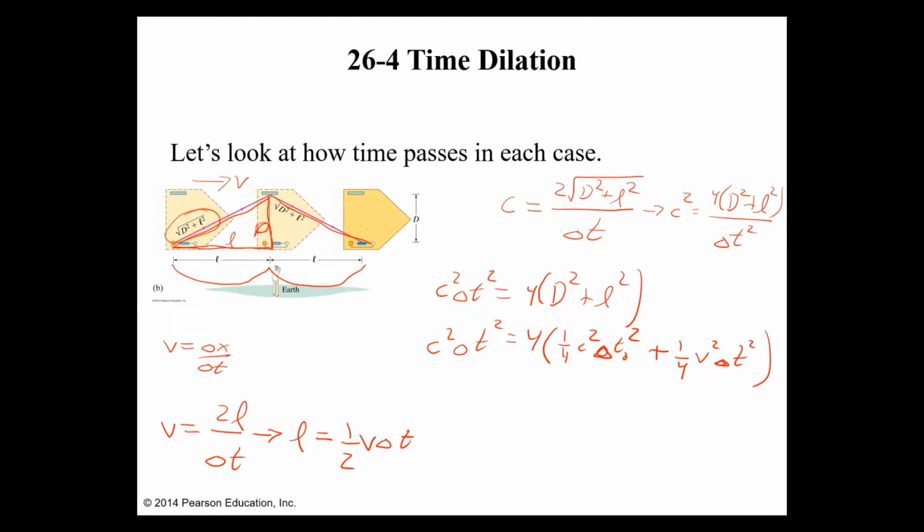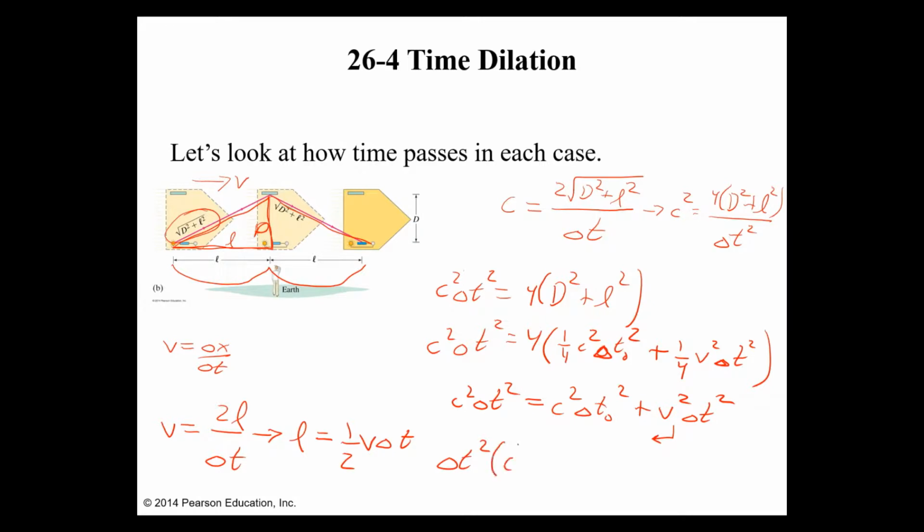Now we need to keep track of the delta t's and the delta t naughts. If I simplify this, you have some quarters, but then you multiply everything by 4. So this becomes c squared times delta t squared has to equal c squared times the proper time squared plus v squared times delta t squared. Now we are going to solve for delta t. I'll move this term to the other side and factor out.